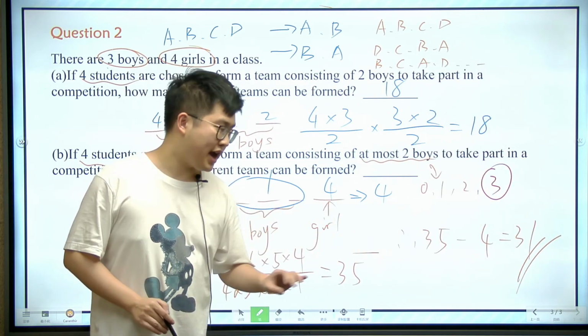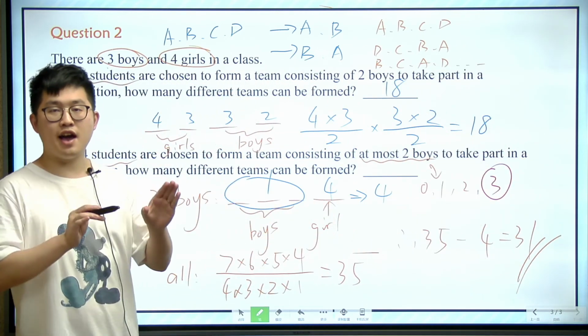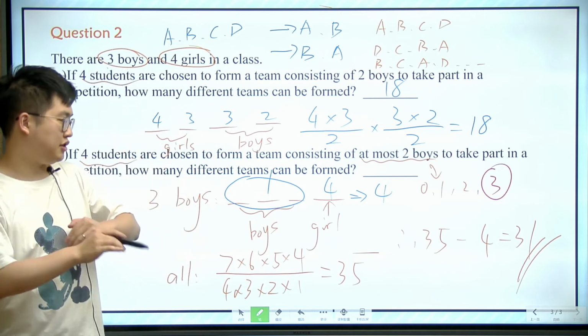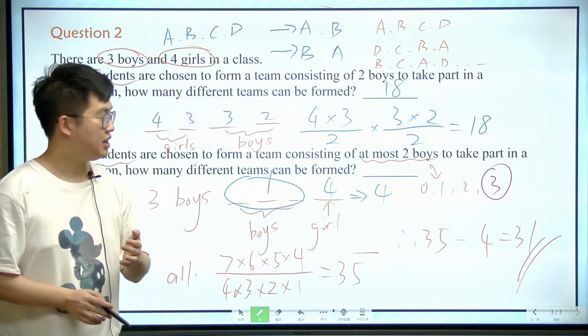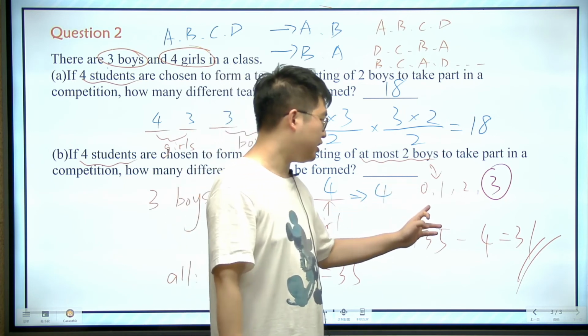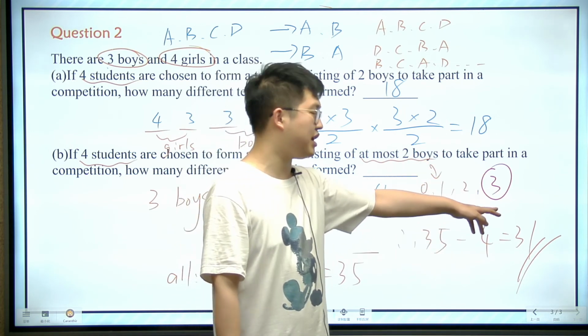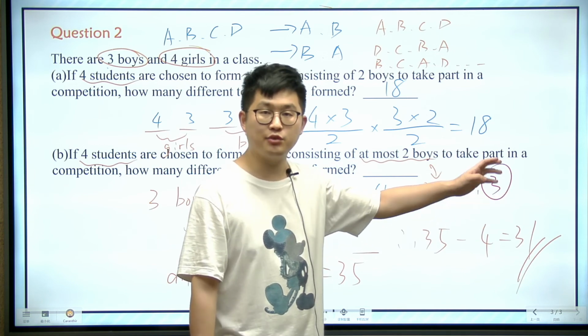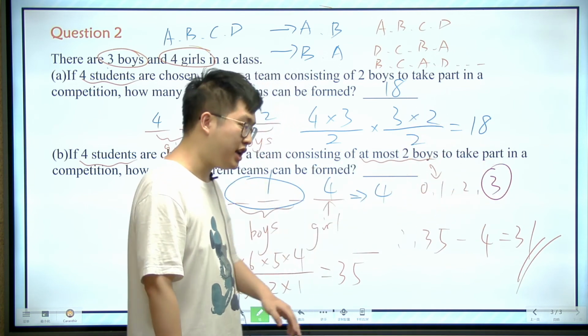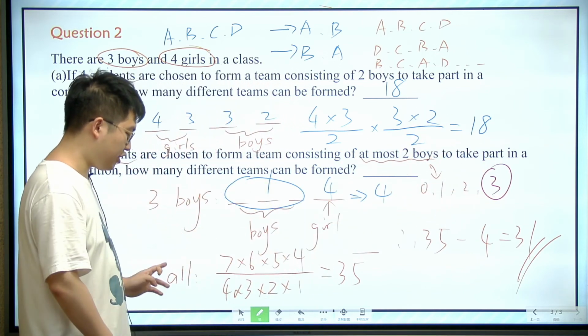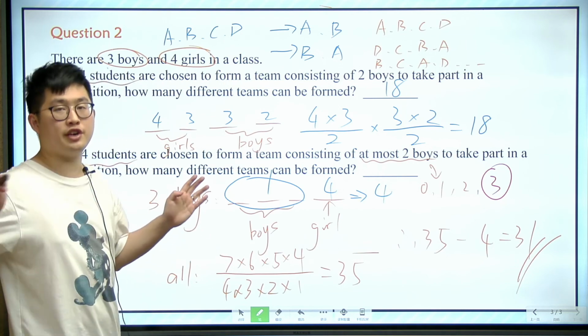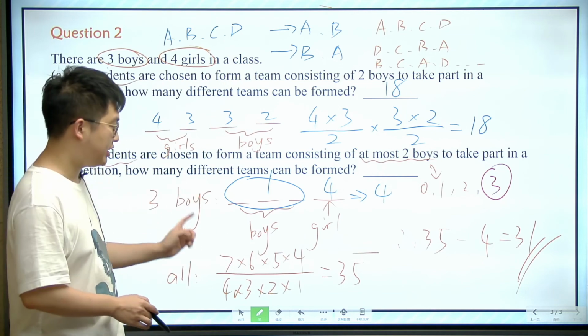This is also a very useful method, that you think otherwise. We don't think about the none, 1 and 2 boys situations. We think about the 3 boys situation, calculate how many situations there are in total, and subtract.